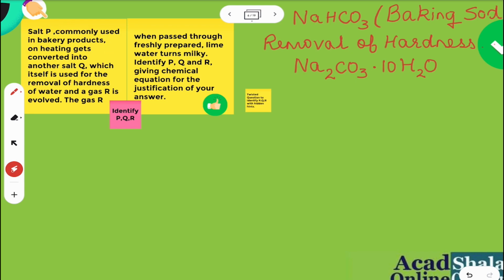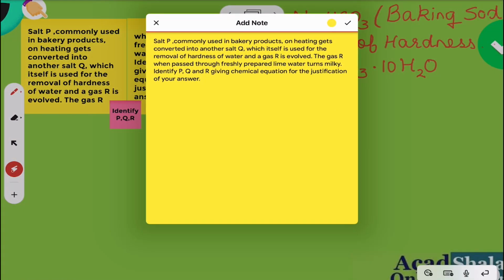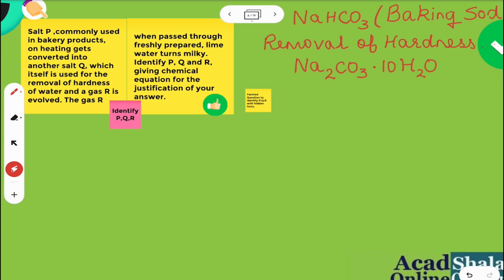It's given: salt P, commonly used in bakery products, on heating gets converted into another salt Q. Bakery product, just check, children. Bakery product is given, which itself is used for removal of hardness of water. Identify P, Q, R, which is given in the last. Right, children?